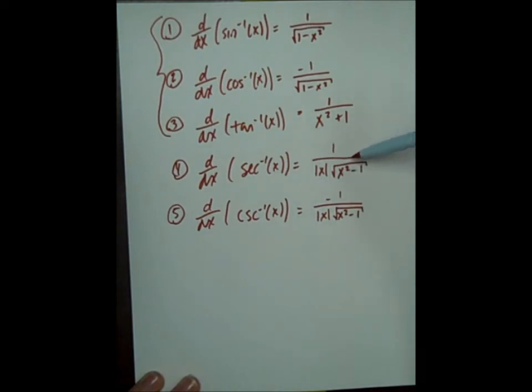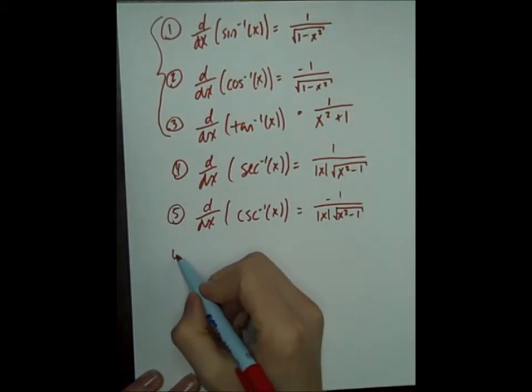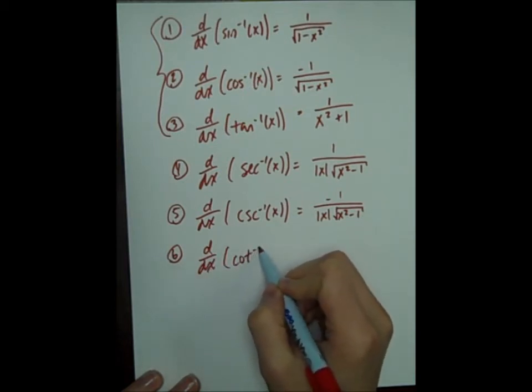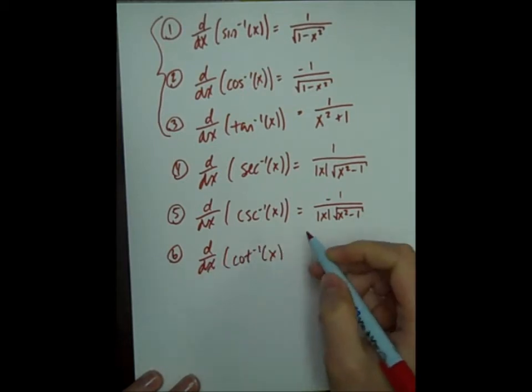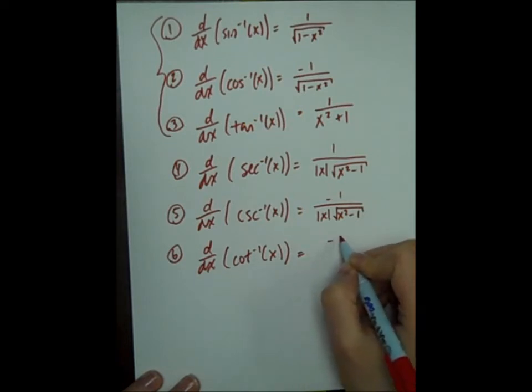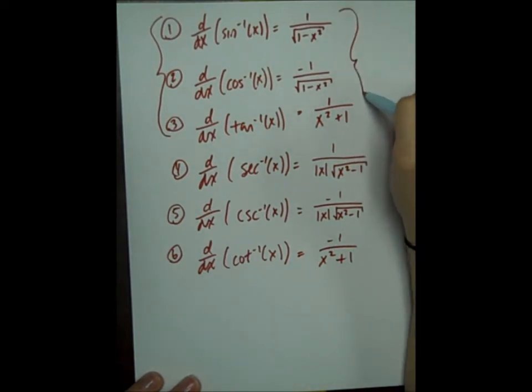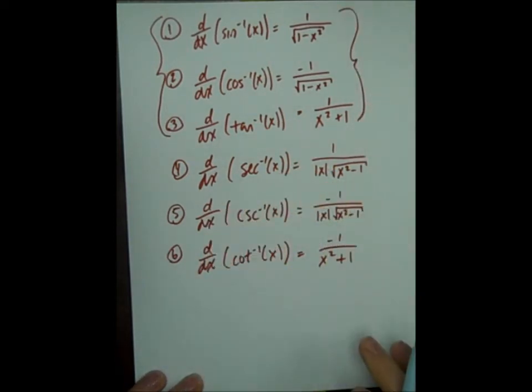So the relationship between secant and cosecant is the same as the relationship between sine and cosine. So one is just the negative of the other. And then lastly, the derivative of the inverse cotangent is negative 1 over x squared plus 1. Now again, the ones that I'm going to require you to remember are these, but you should know how to look the last three up and how to use them. So those are the 6 derivatives of inverse trig functions.